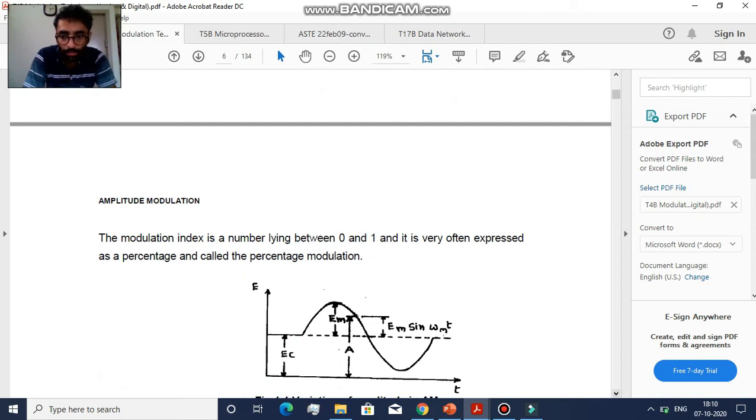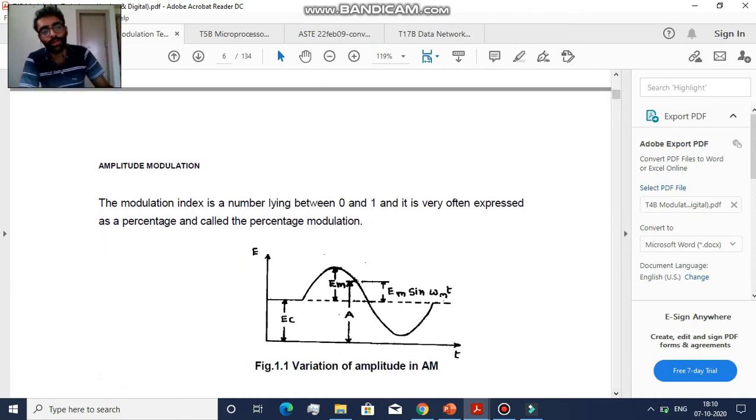Now in this figure you can see the variation of amplitude of an amplitude modulated wave. Here EC is nothing but the amplitude of the carrier wave.